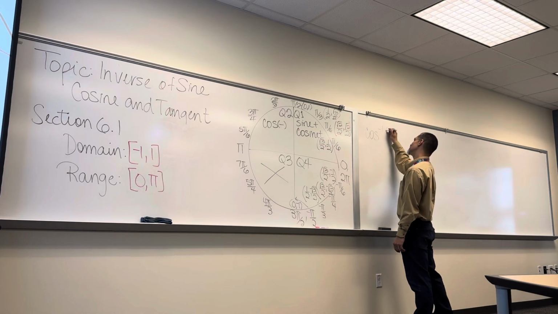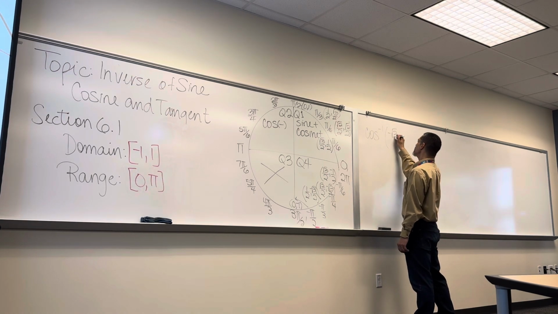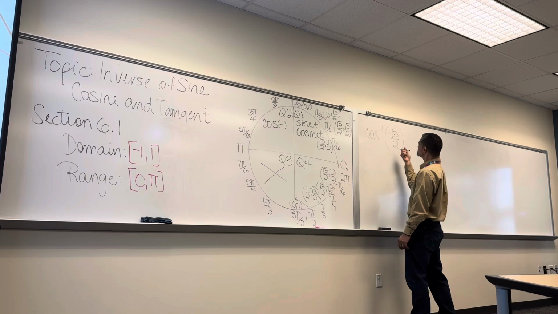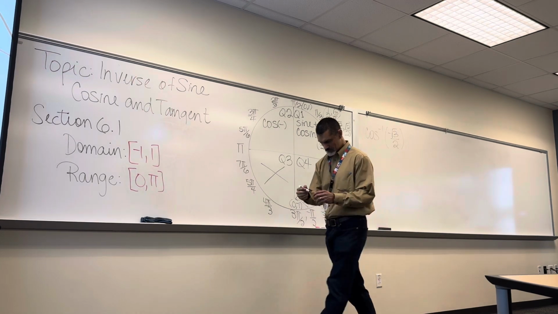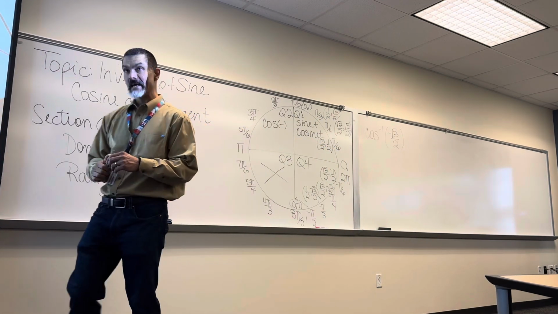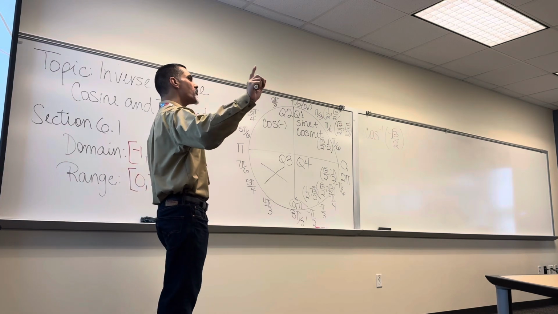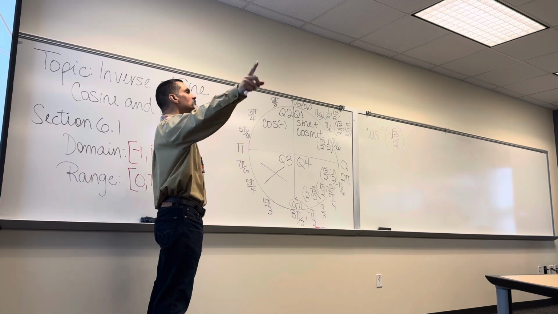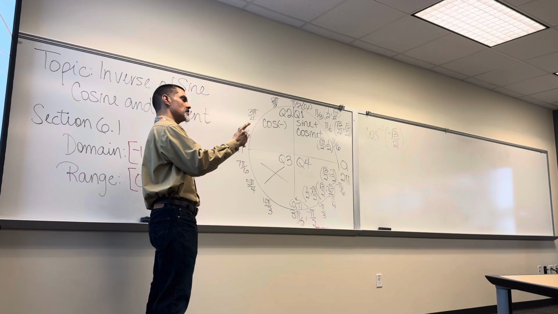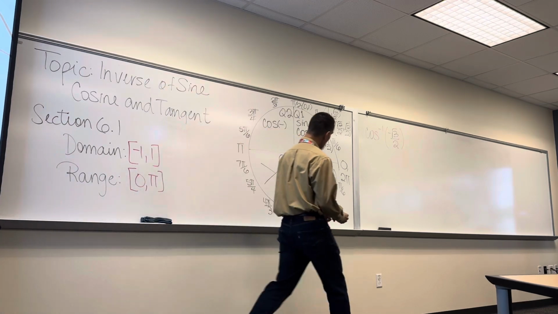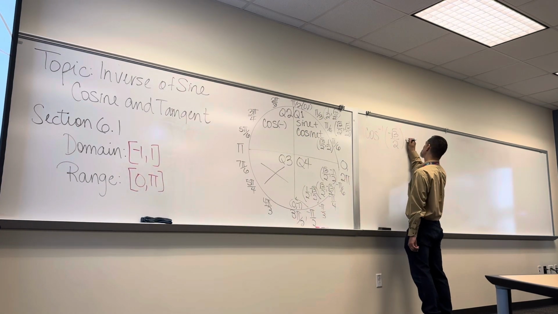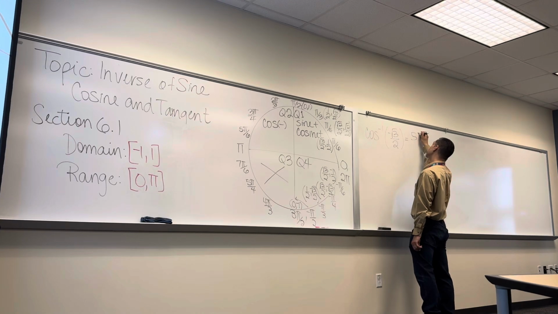Cos inverse. Where is the place that I have this value for cos? It's negative, right? Quadrant 1 or 2? Quadrant number 2. Exactly where? 5 pi over 6 is the answer. 5 pi over 6 is the only place.